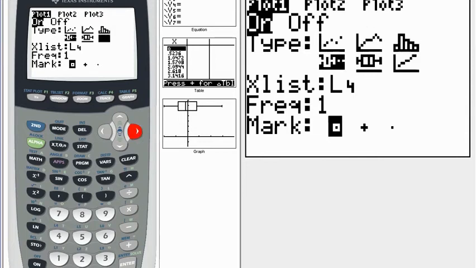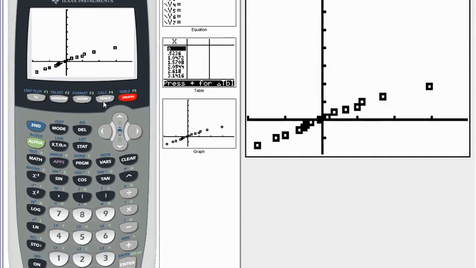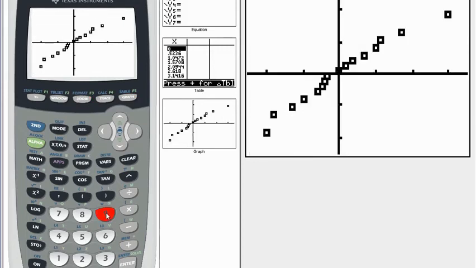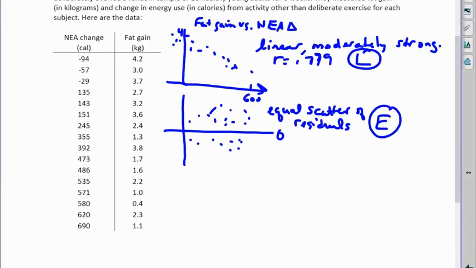We're looking for straightness in the normal probability plot, again using our residuals, and I ZoomStat again, and this looks very good. It looks approximately straight enough that I think that is more evidence that we have fulfilled the normal condition.